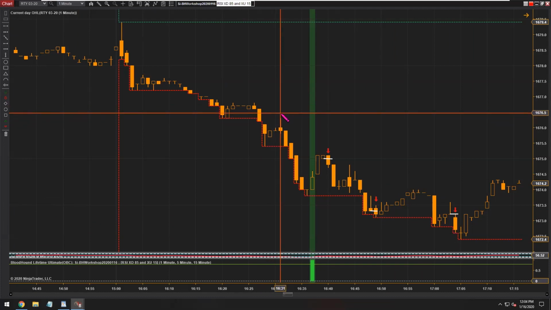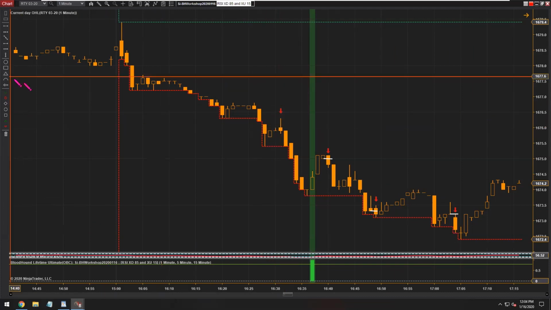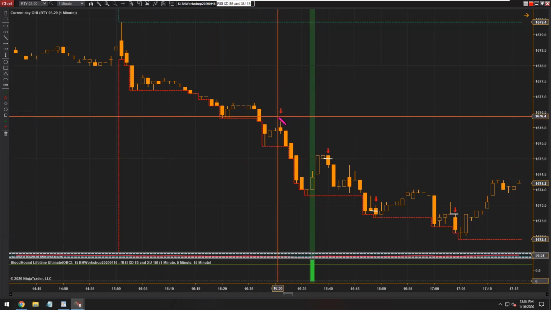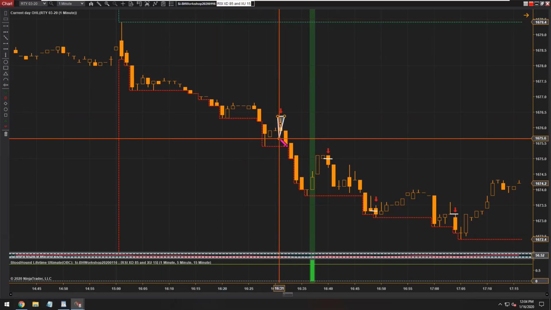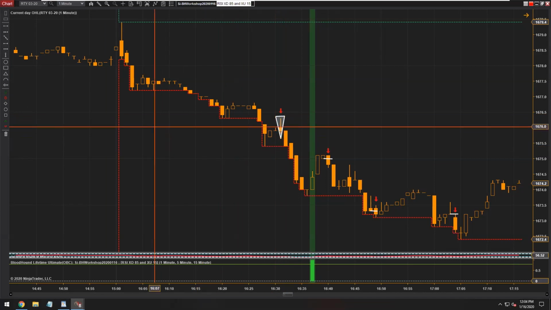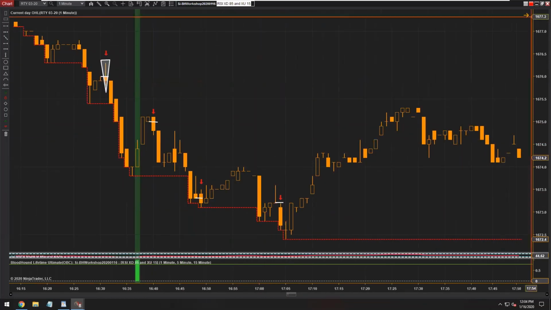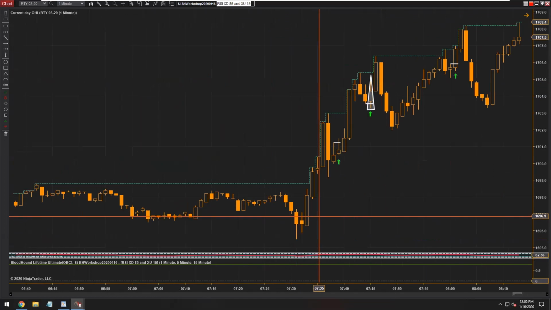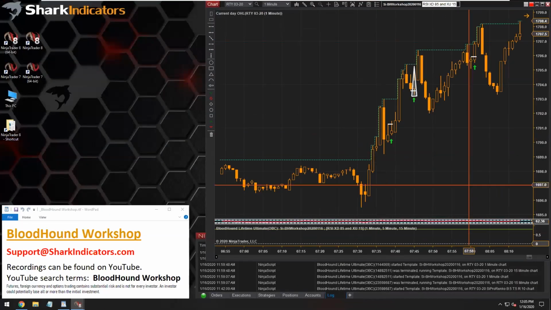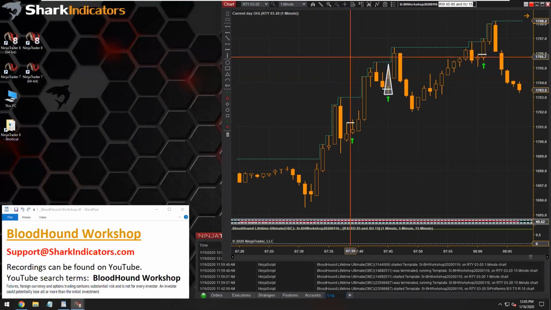Again, we're going to get a signal here, but this one is invalid because the high of our trigger bar was broken. Anyways, we have a bunch marked up, so we have some areas on the chart to work with.